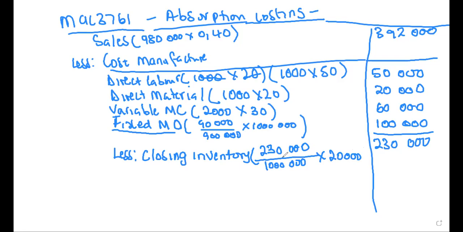Here you are calculating the cost per mint. When you are using absorption costing, it means you are going to use all these costs in the calculation of your closing inventory. Remember what we were talking about before. This is the 230, the cost of manufacturing. So you look at the cost per unit: you divide by the 1 million mints that were produced, then you value your inventory.